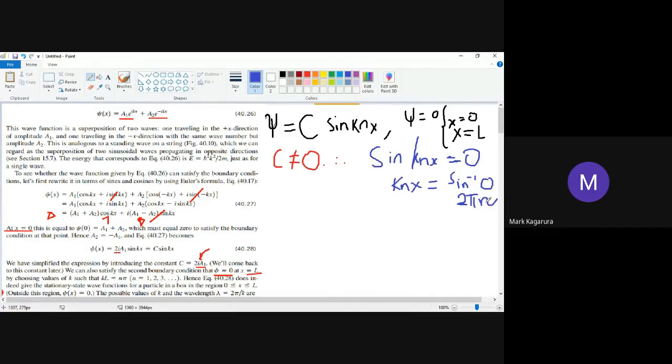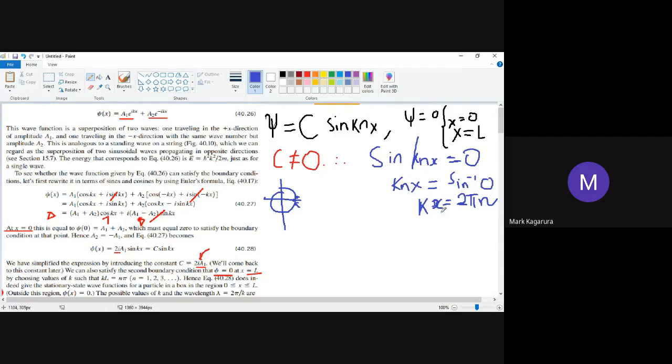So when n is equal to 0, that's 0, and when it is 2 pi, that is 360. So 360 in radians is 2 pi. So we're sort of trying to introduce the n there, but kx is equal to 2 pi n. What do we need? K's or x?